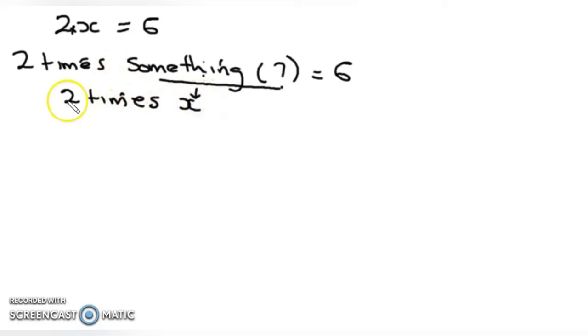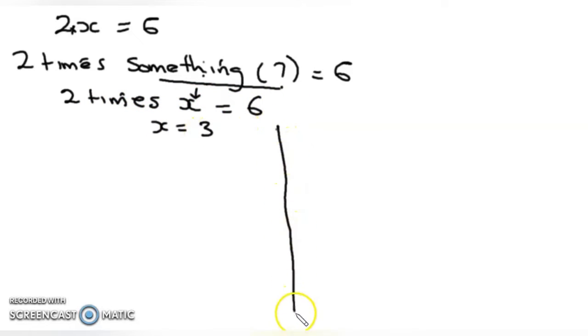You could say, what number times 2 is equal to 6? And as simple as you can see, the number is 3. But I will show you how to do it systematically, so that in case 2 was a more complicated number, you would know how to go about it.